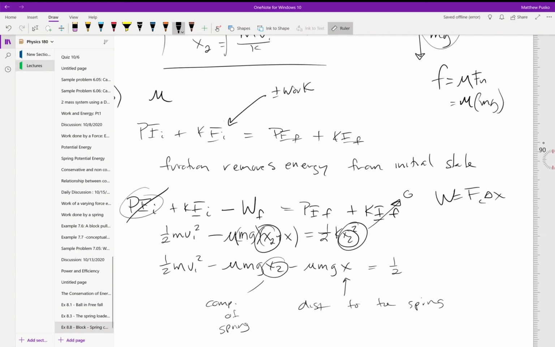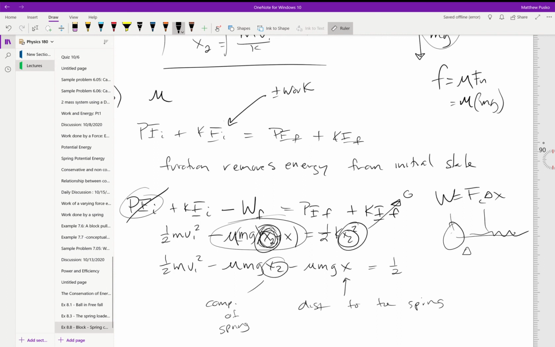What we're concerned with is the compression of the spring. So how much did the spring compress to come to a stop with a frictionless surface? Well, that was the first part. This one is, well, what if we added friction in there? It traveled against the force of friction some distance x2, the amount that the plunger went in, attached to the spring.